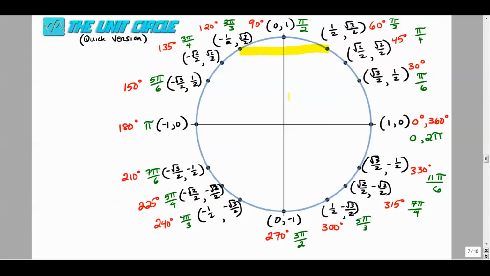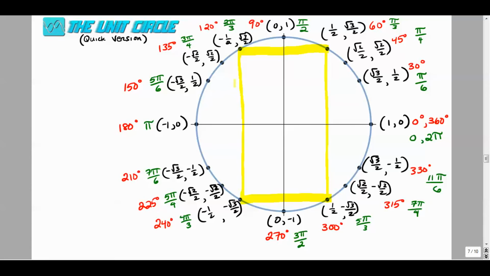This is across from this, and their values basically match up. And then we can take that down to here. Look at the values here and here. They basically match up. We can take it over to here. Those values match up. And back up to here. Those values match up. So everything that's yellow right now, the x and y values, are essentially matching up with subtle differences in the plus and minus.